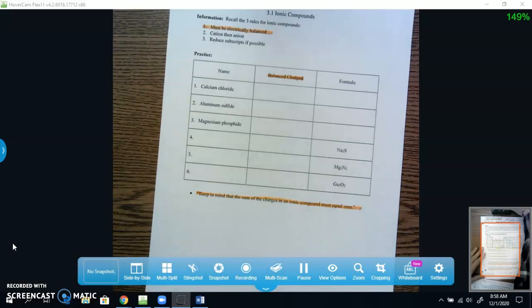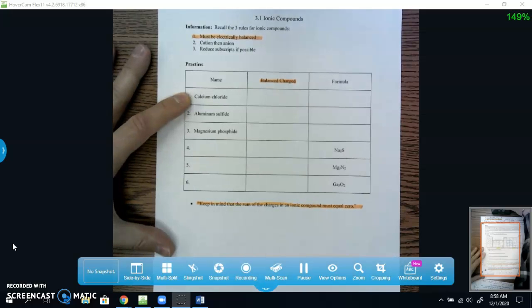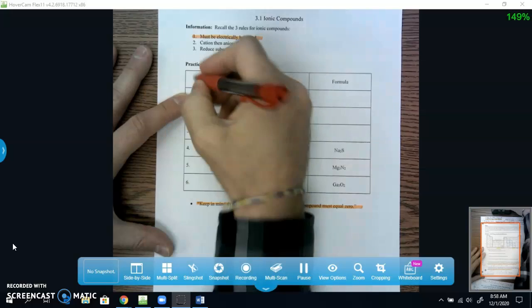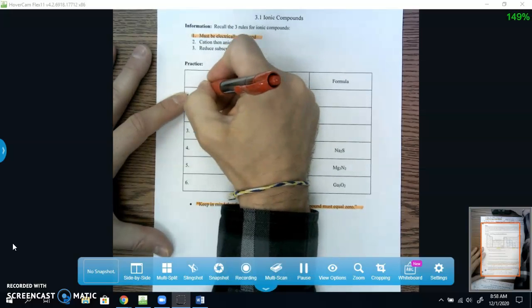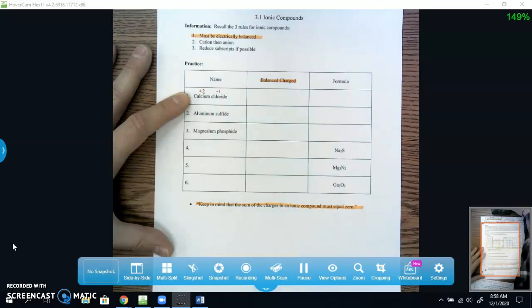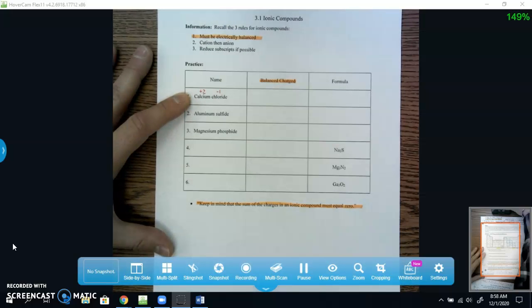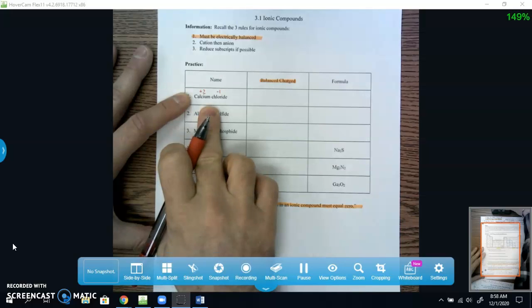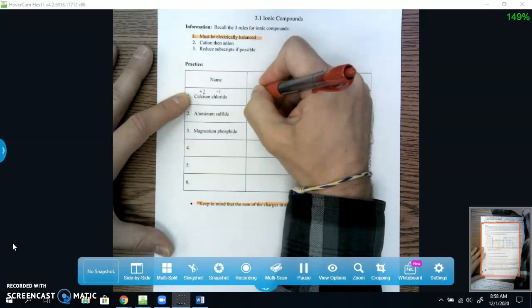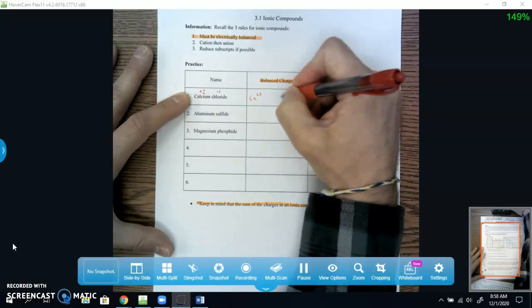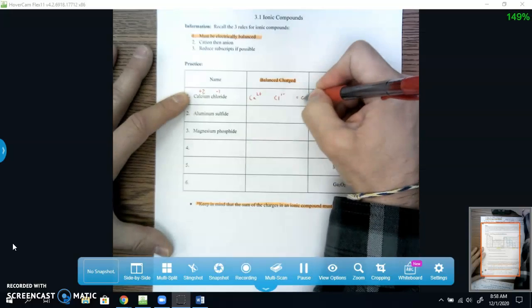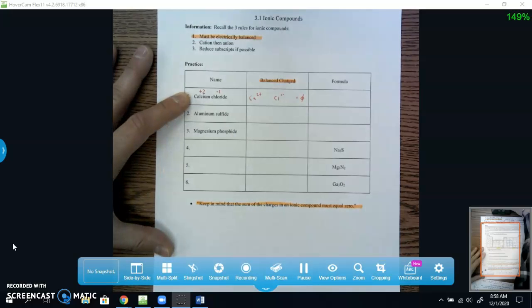So for example, if we have calcium ion mixing with chloride ion, one thing that I like to do is to write the charges directly over each of the species right here. That kind of helps me to wrap my head around what's going on in writing this particular formula. So I'm going to write Ca2+, Cl1-, and remember the sum of those charges has to equal 0.